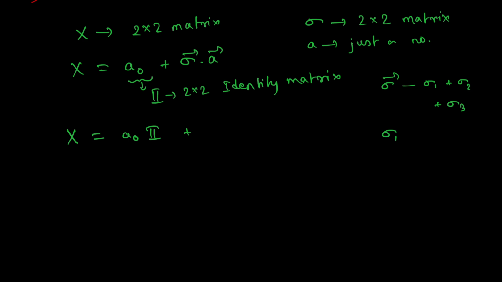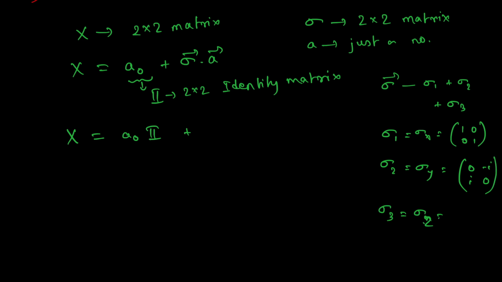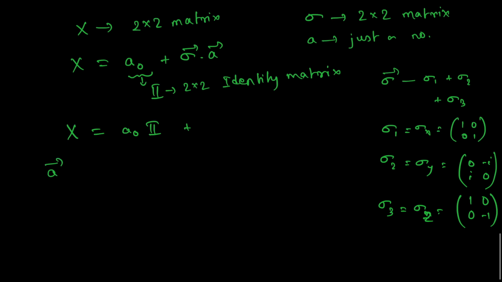So sigma 1, which is essentially sigma x, is given by 1 0 0 1. Similarly, sigma 2, which is sigma y, is given by 0 minus i, i 0. Sigma 3, which is sigma z, is given by 1 0 0 minus 1. So these are our Pauli matrices, and the vector A can be written in terms of A1, A2 and A3, the three components of A.